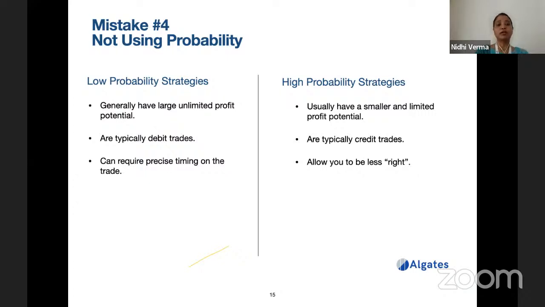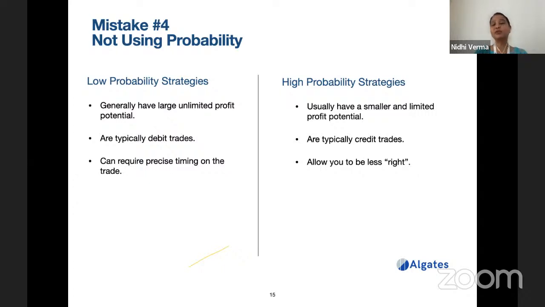Okay, so in a low probability strategy, the profit which you are expecting will be unlimited. There will be huge potential profit because it is less likely to happen, the probability of that happening is less. Okay, and it requires precise timing on the trade.